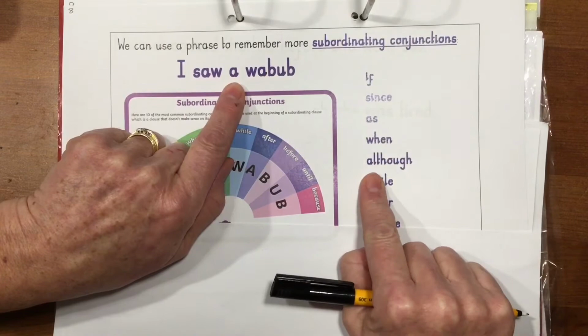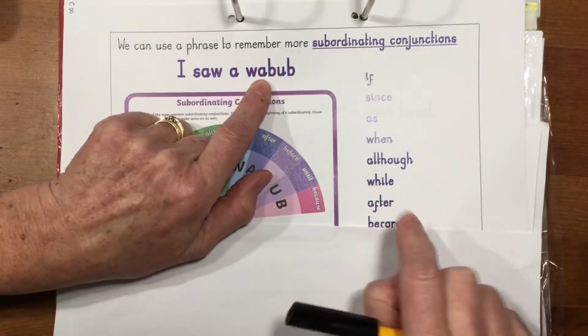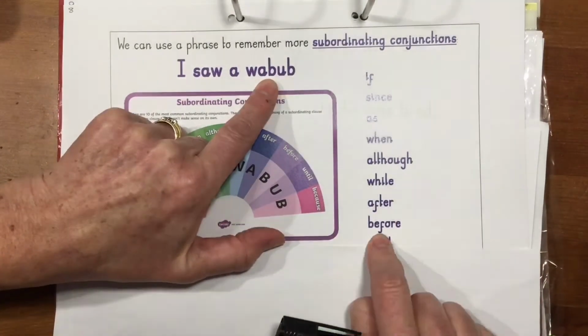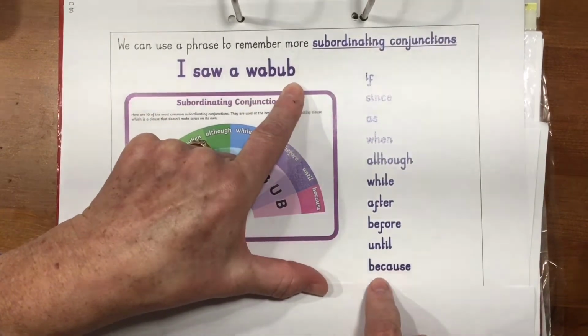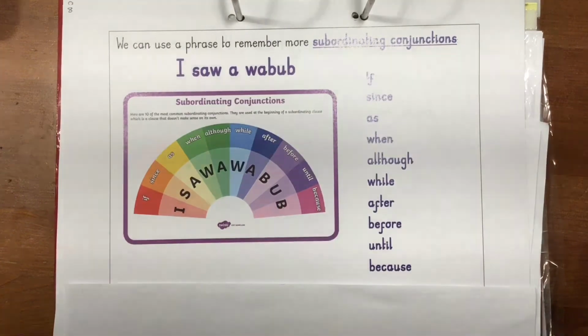Another A for although. Another W for while. Another A for after. A B for before. A U for until. And another B for because. And these are all subordinating conjunctions that we can use at the start of a subordinate clause that gives extra information to a main clause.